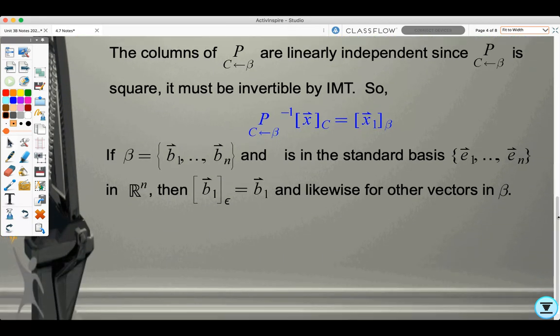If B and C is the standard basis, so if B and epsilon are in the standard basis in Rn, then B epsilon, so there should be an epsilon right there, and it's missing, so make sure you put that in.